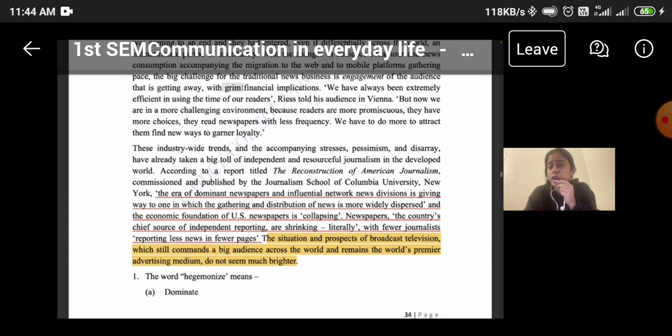Now, one aspect of looking at grim, as we know, grim in general context is sadness, something imbued with sadness, right? But do you think this is what is meant by this phrase, grim financial implications? Here, grim does not imply that it is imbued with sadness.